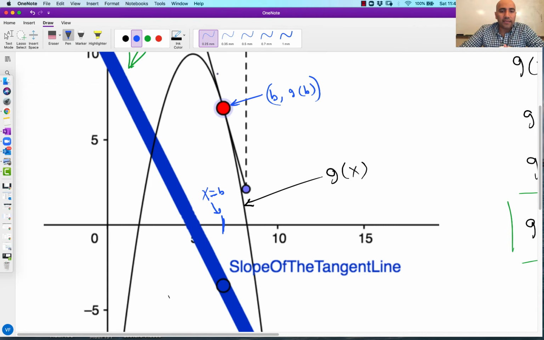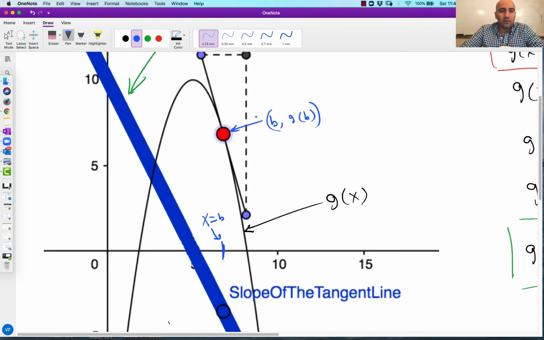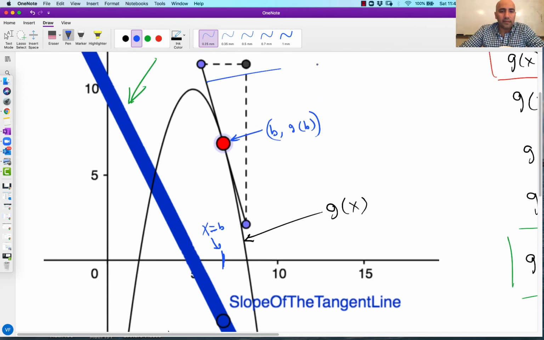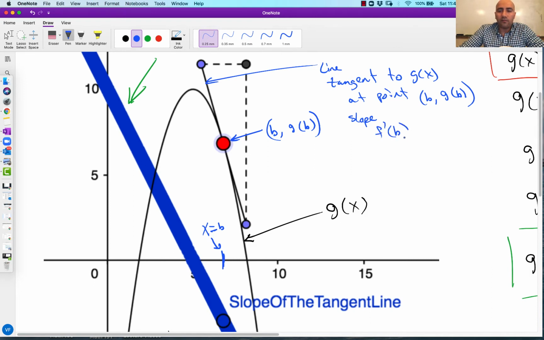This line right here would be the line tangent to g of x at the point b comma g of b. And then the slope of that tangent line would be f prime of b.